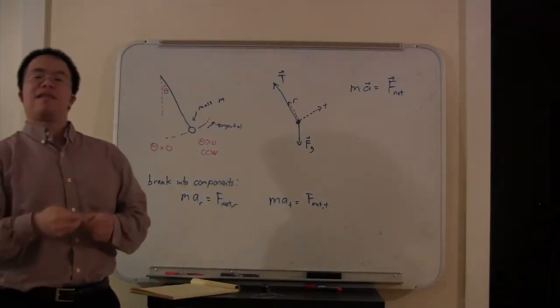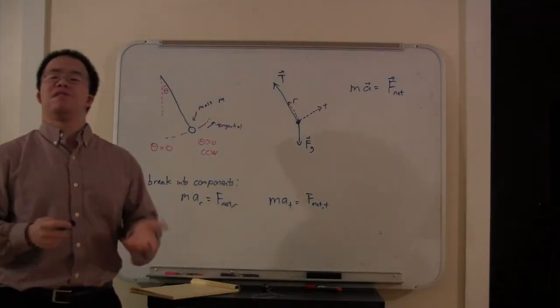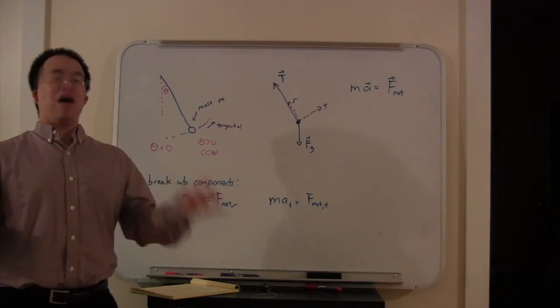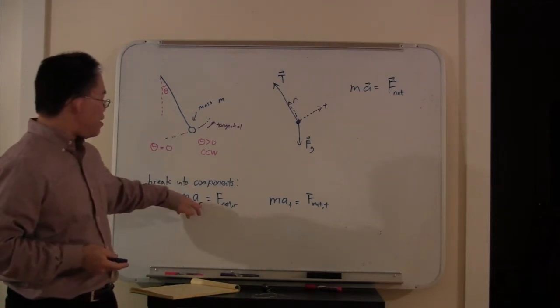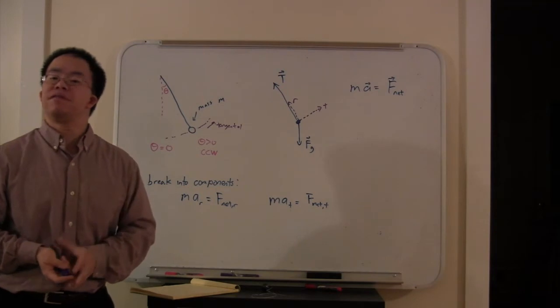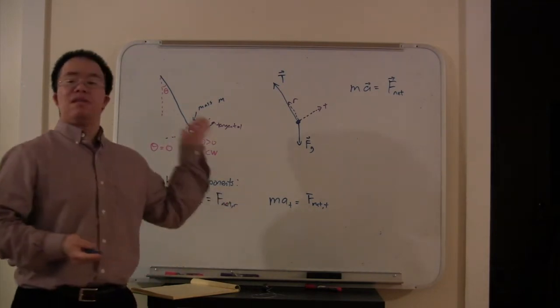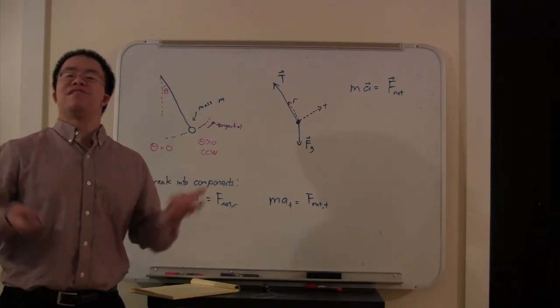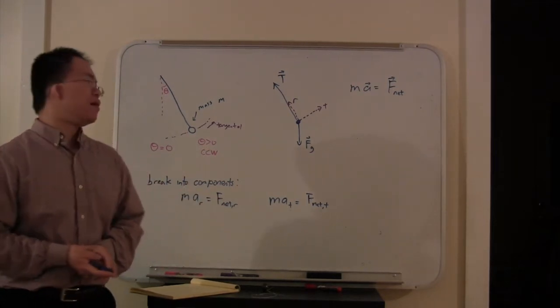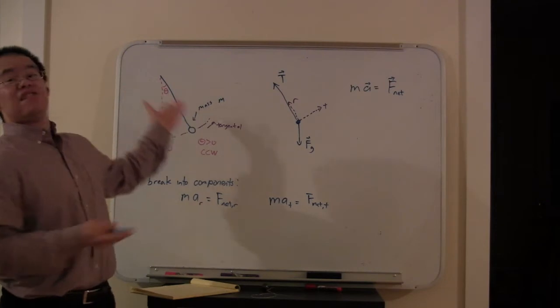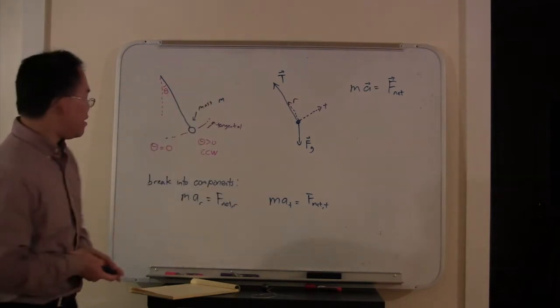Now it turns out that the radial component isn't super interesting for us. You do know what the radial component of the acceleration is. It points radially inward, and it has a magnitude of v squared over, in this case, L, because L is the radius of the circle.